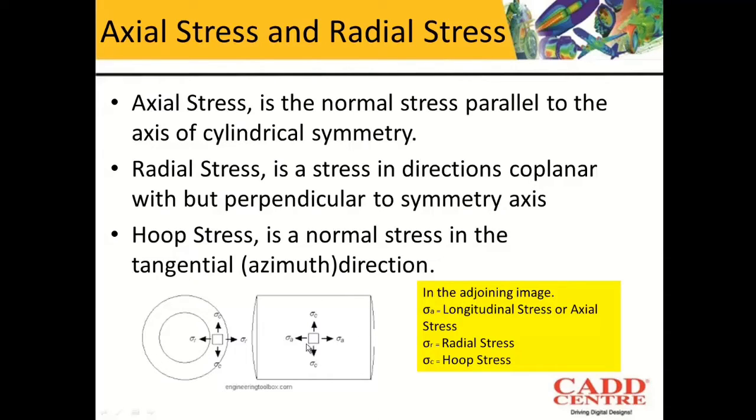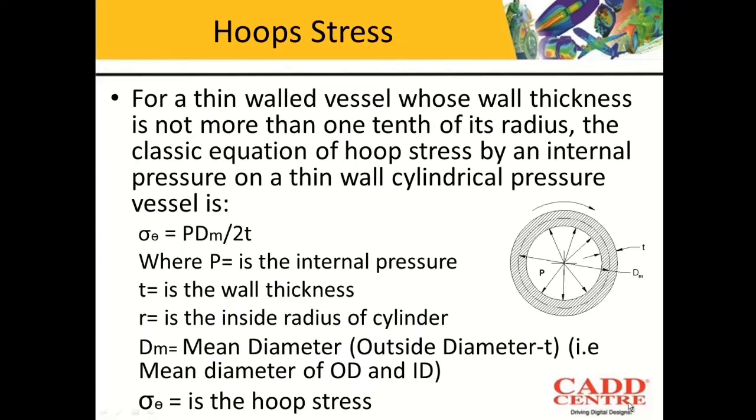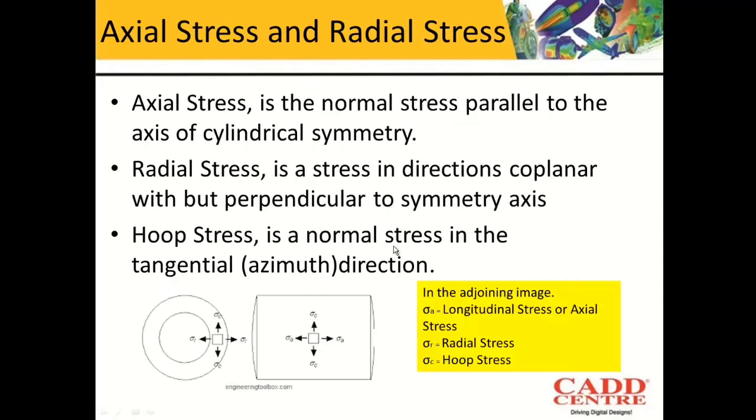In this diagram, sigma A is the longitudinal or axial stress, sigma R is the radial stress, and sigma C is the hoop stress. So we have understood the formula for calculating the hoop stress, what it is, and how it acts.